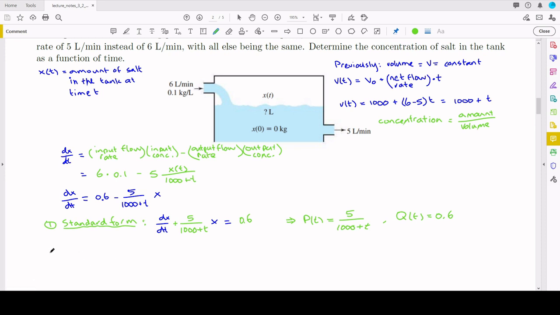So the second step is we want to find the integrating factor, mu of t, which is e to the power of the integral of p of t dt.